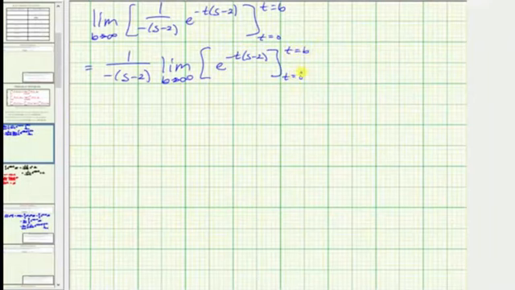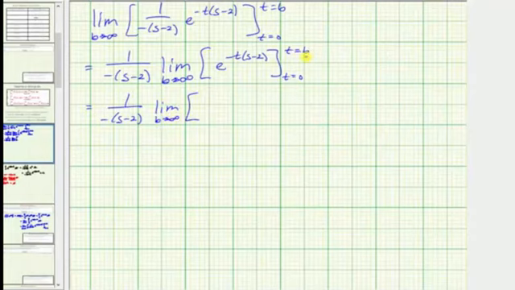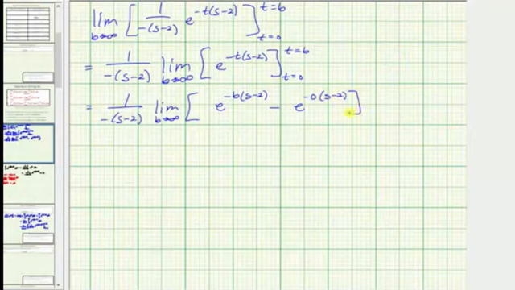And now we'll perform our substitutions for t. So when t is equal to b, we would have e raised to the power of negative b times the quantity s minus 2, and then minus, when t is 0, we have e raised to the power of negative 0 times the quantity s minus 2.